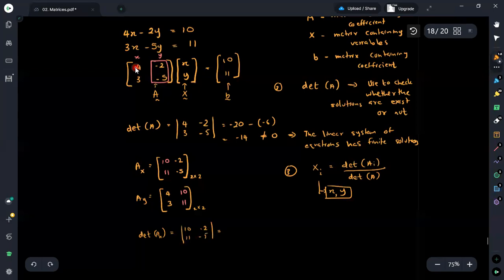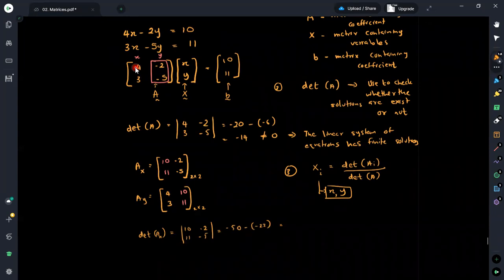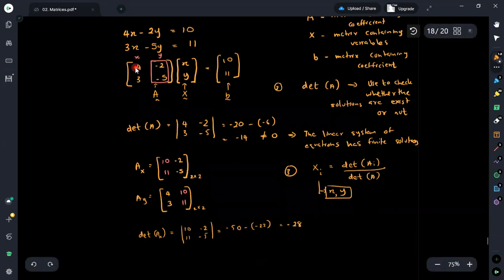If I perform the calculation, here it is minus 50 minus 22. Here we are getting this value as minus 28.